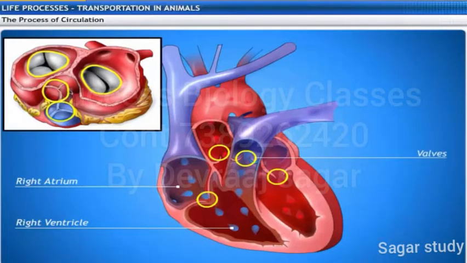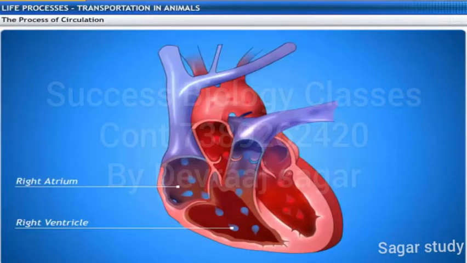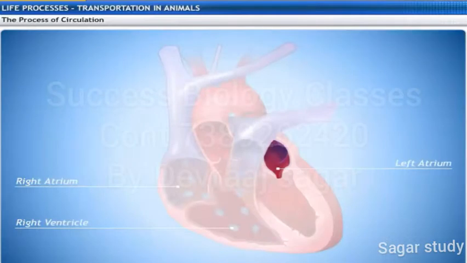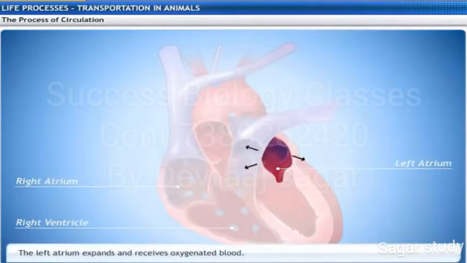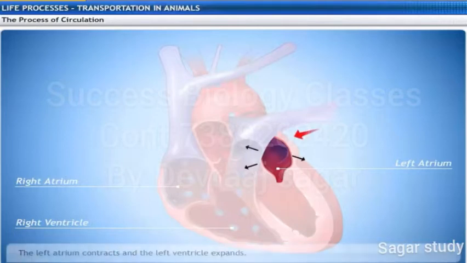Valves present in the ventricles and atria ensure that blood does not flow backwards during contraction or expansion. Blood is oxygenated in the lungs and is carried back into the left atrium of the heart. The left atrium relaxes when it is collecting the blood from the lungs.